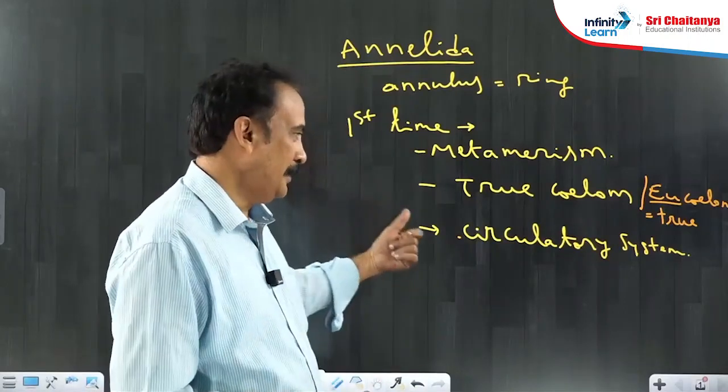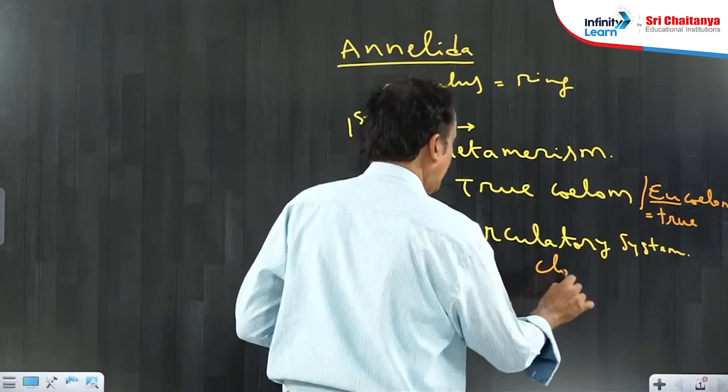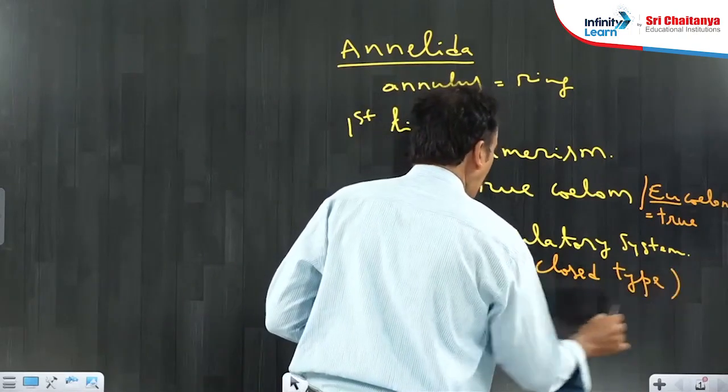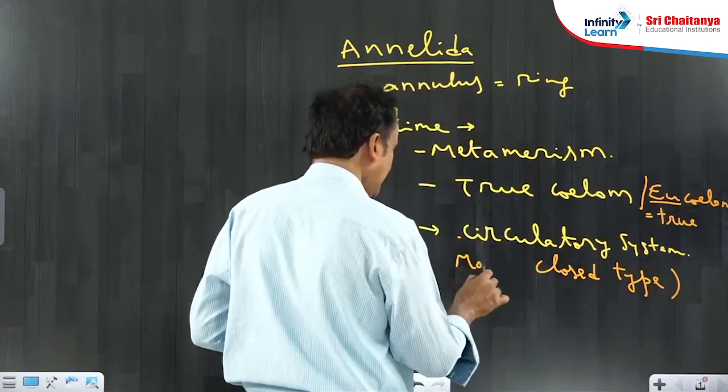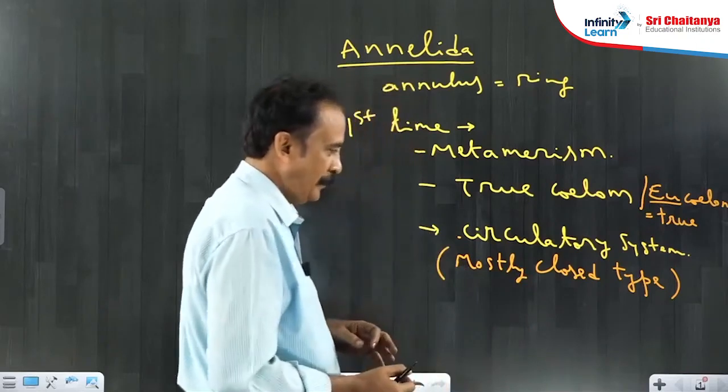So the true coelom appears here, and you also have circulation that is mostly of closed type.